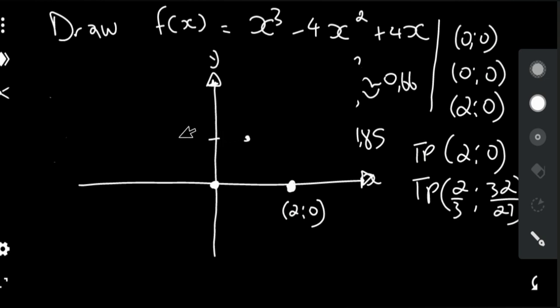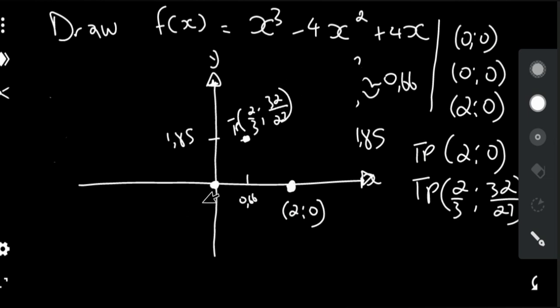Here it's going to be 1.85, and here it's going to be approximately 0.66. So the point is going to be here, our turning point, which is 2 all over 3 paired with 32 all over 27.